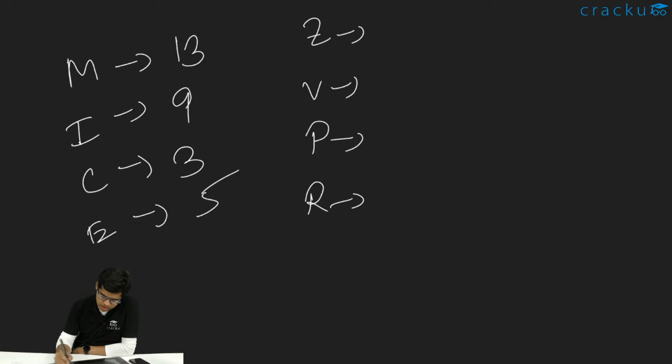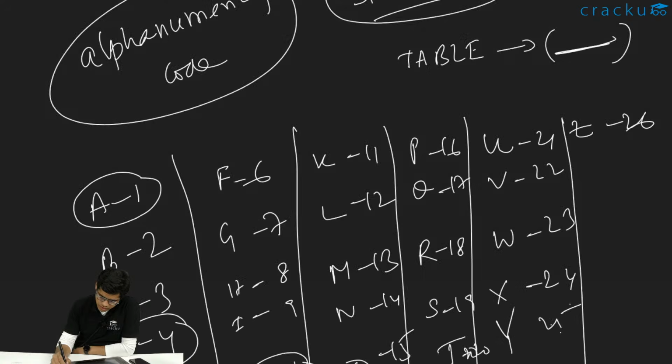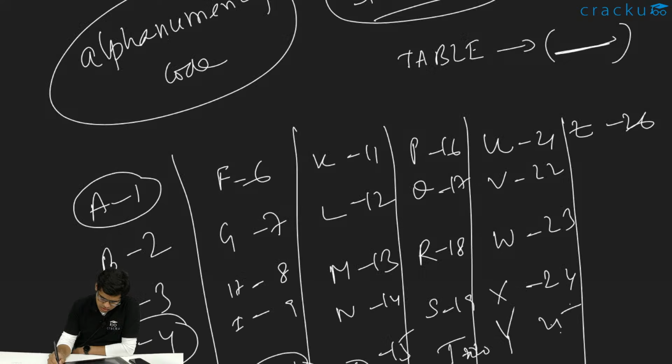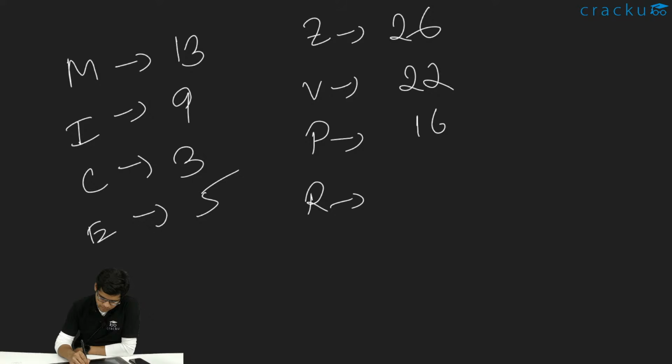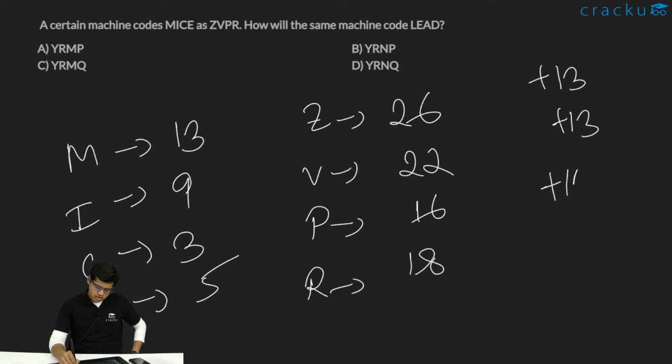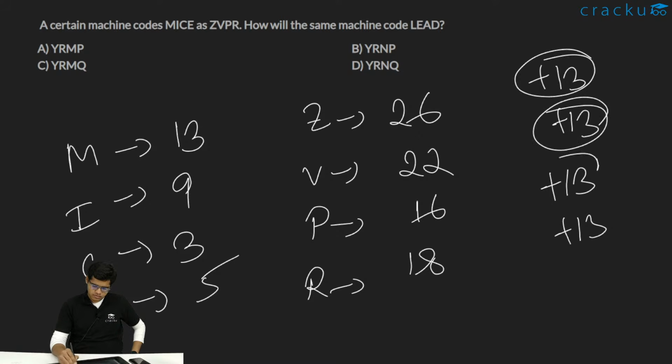And Z is 26, V is 22, P is 16, R is 18. You can see, guys, 13 plus 13 is 26, 9 plus 13 is 22, 3 plus 13 is 16, 5 plus 13 is 18. So we just need to add 13.